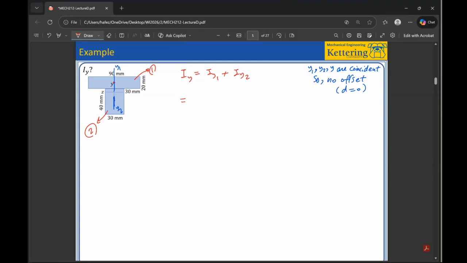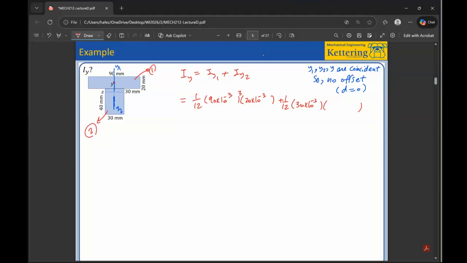All right, now focus on the upper piece. We said it's rectangular, and we said it's 1/12 base times height, one of them cubed. So base is 90, height is 20. Which one is cubed? We said the one that is perpendicular to the y-axis. So y is this, perpendicular to that is 90, so cube that one. We do the same thing for the lower piece.